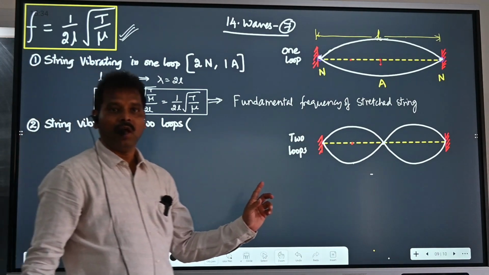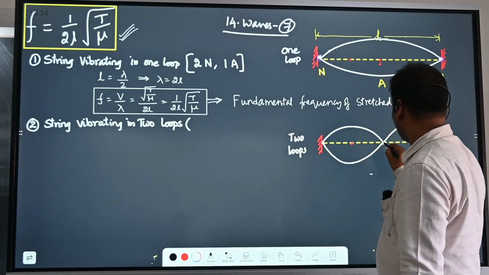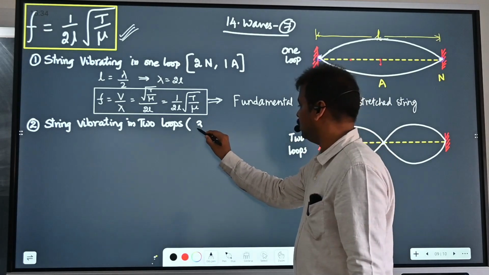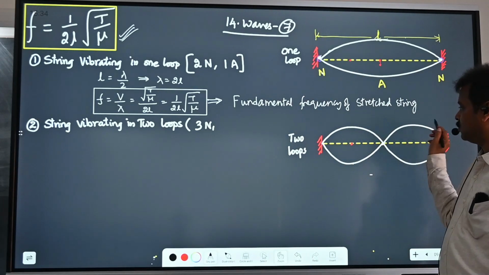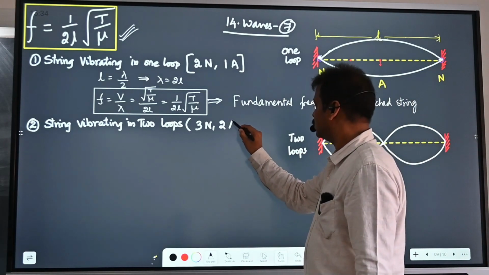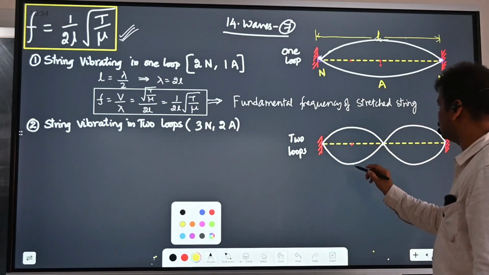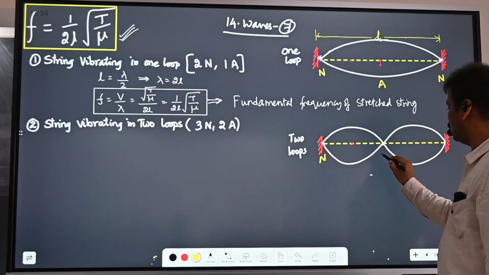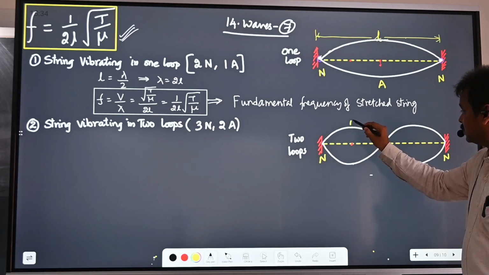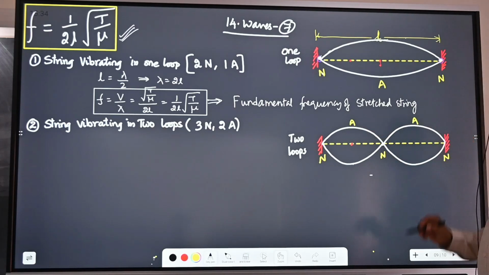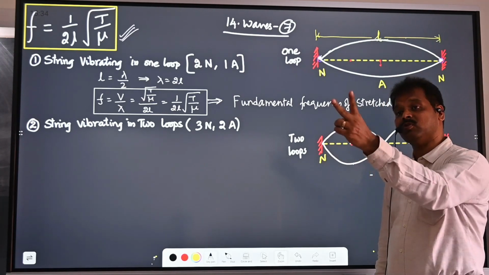In two loops, how many nodes are there? 1, 2, 3. So I am writing 3 nodes. How many antinodes are there? 2 antinodes. So now we can represent those nodes and antinodes here. This is a node, this is a node, this is a node, and this is an antinode. But according to stationary waves, what is the distance between two nodes?